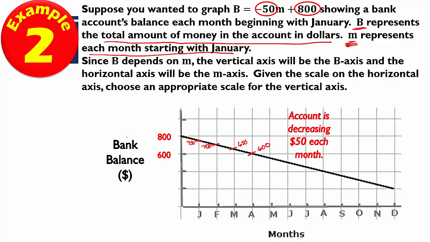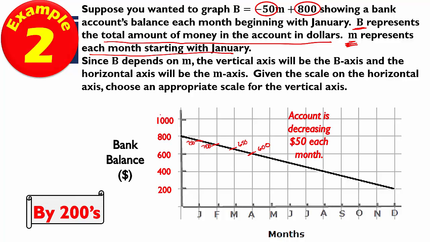When you have a graph, each grid line has to be the same difference. Since we have a $200 difference here, we can fill in the rest, and therefore determine that the scale will be by 200s, because there's a $200 change. So this is 0, plus 200, plus 200, plus 200. So the scale is by 200s.